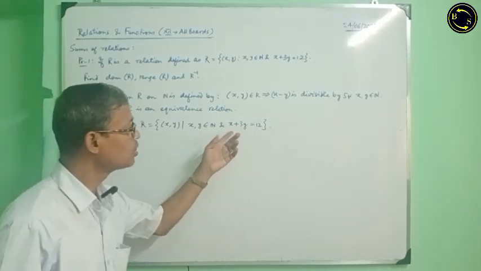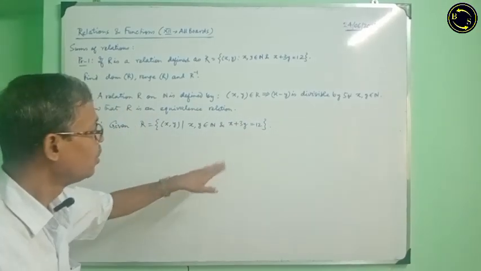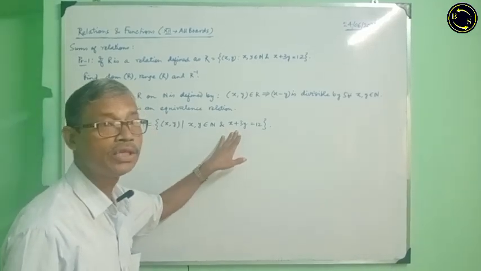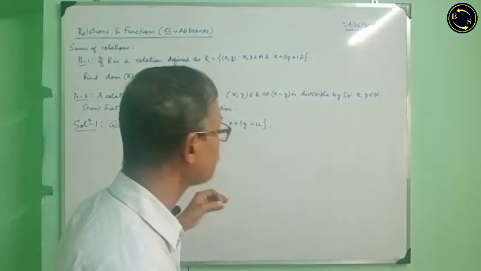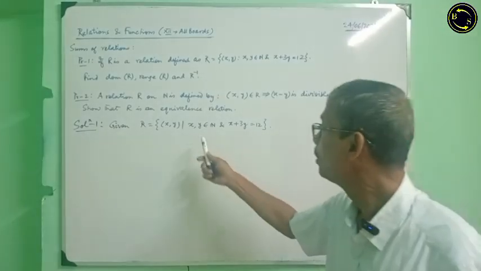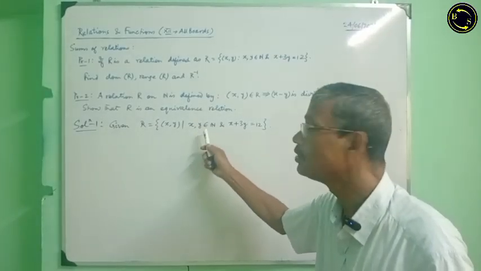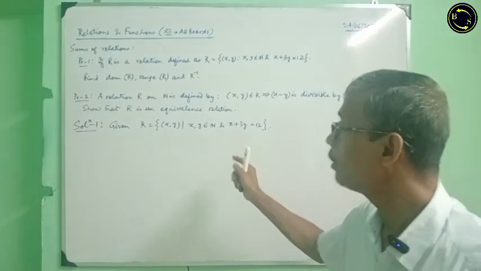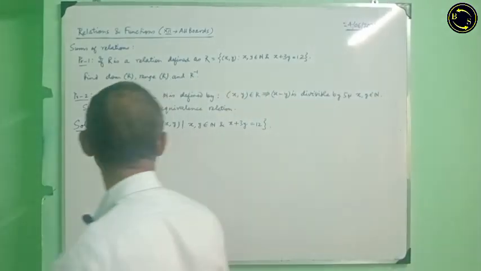Since an equation is given, first of all, from this equation we express y in terms of x or x in terms of y. Then, maintaining this condition, we find the ordered pairs. Follow.